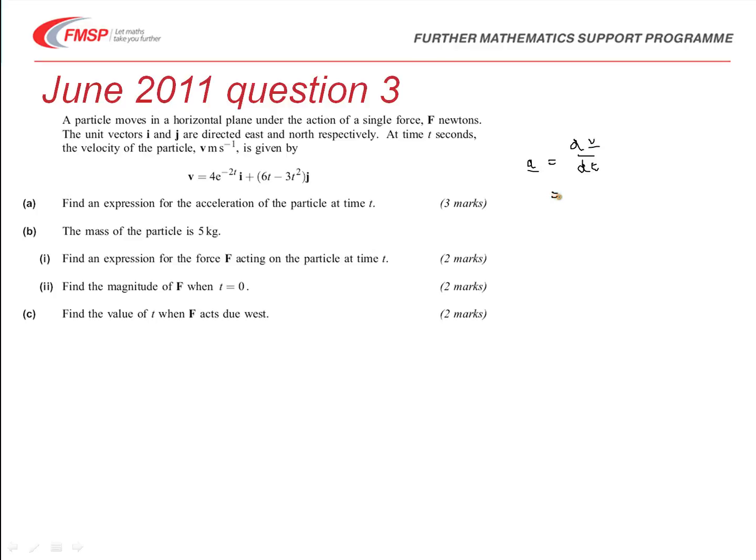So we differentiate the 4e^(-2t). The differential of e to the something is e to the something, but then we differentiate the minus 2t, which is minus 2, so we end up with negative 8, that's the minus 2 times the 4, e^(-2t) i.